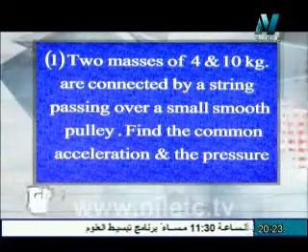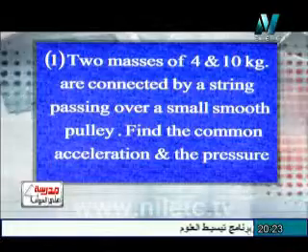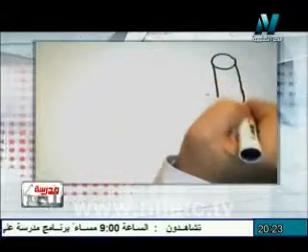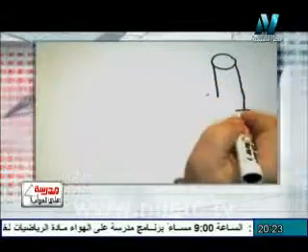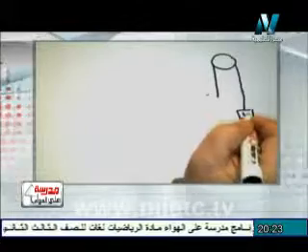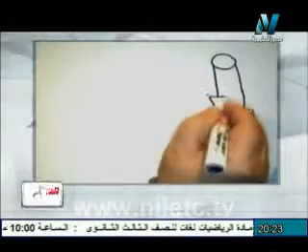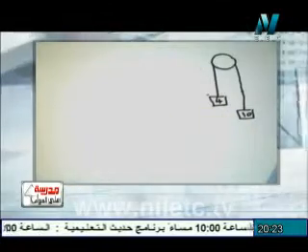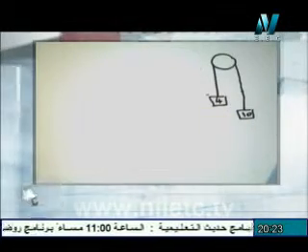Now we have to draw this example first. We have a pulley and two masses, one of them 10 and the other 4, and the units are kilograms.